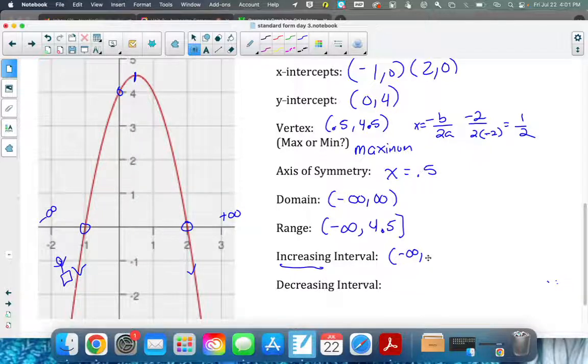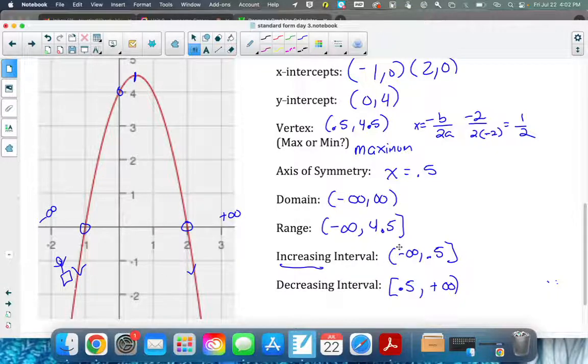So that's to 0.5. And then I'm going to start at 0.5 because I have to start and stop at the same place. And I'm going to decrease until I get to +infinity. I know that sounds really weird, but you're going from left to right across the graph, not up and down. Okay, so that is all of my pieces.